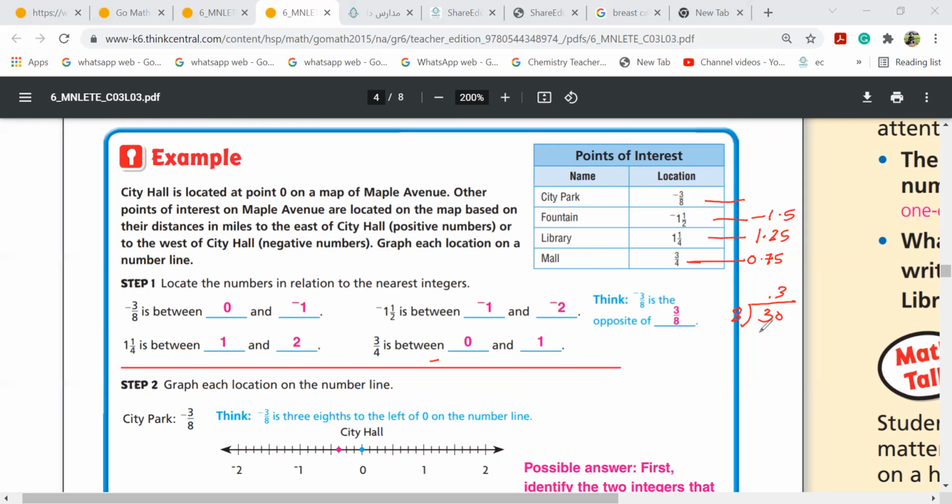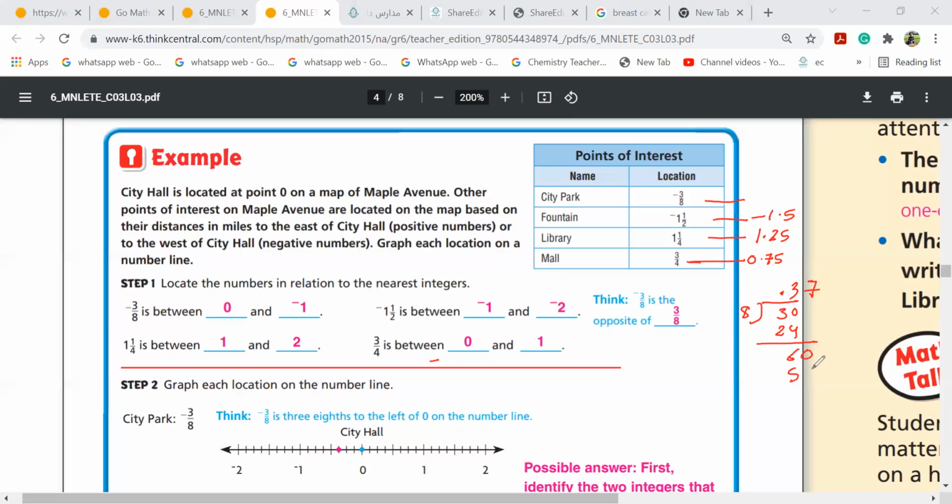8 3s are 24. One minute, girls. Let me divide properly and see. 8 3s are 24, 6, 8 7s are 56.